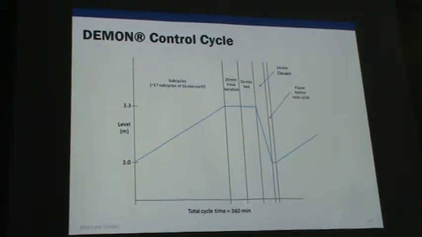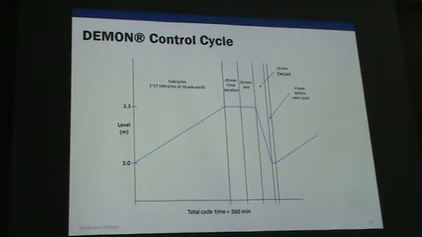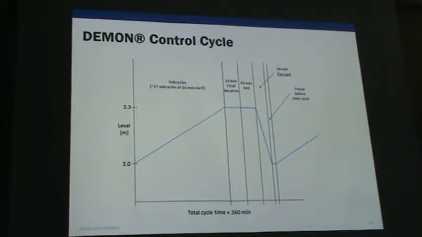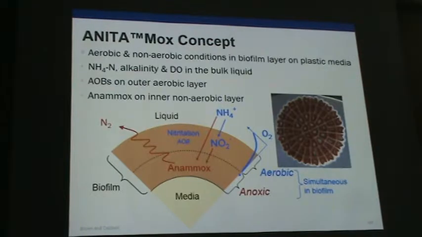So in essence, that's what this blue line illustrates, is the on-off of the aeration. You get up to a certain height, then you let it settle, you decant, and then you start the whole process again. It's potentially the process we may use here for the nitrogen control of the side stream.